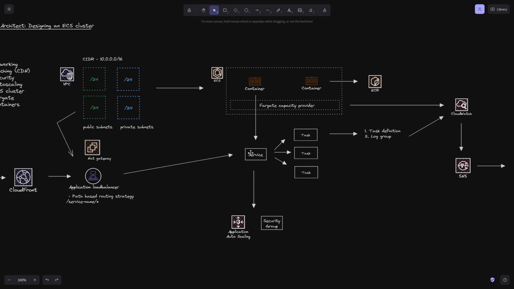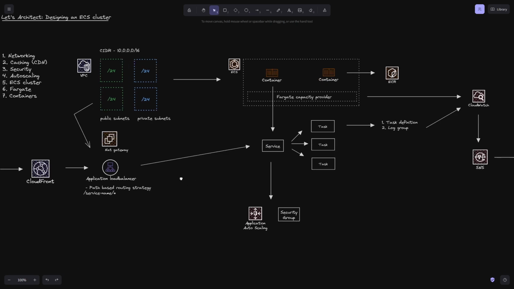Now, our application is going to have more than one service. So the question becomes, how do we have the load balancer route traffic to the specific service that's required by a particular request? If you look at our load balancer here, we're going to use a path-based routing strategy, meaning we'll use the path in the host name to determine what service is going to receive the traffic.